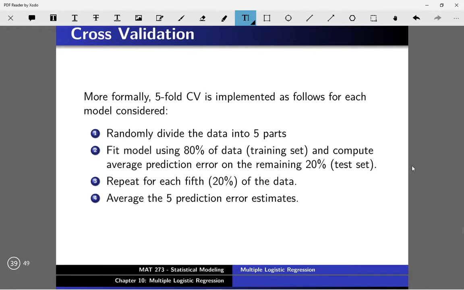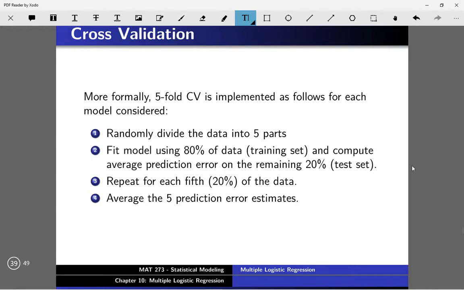A commonly used version of cross-validation is five-fold cross-validation. That's where we separate our data set into 5 partitions or subsets. They're partitions because these 5 pieces of the data are completely separate from one another.